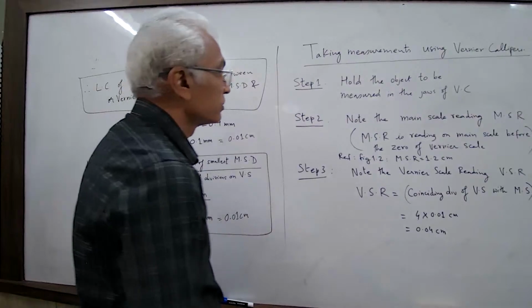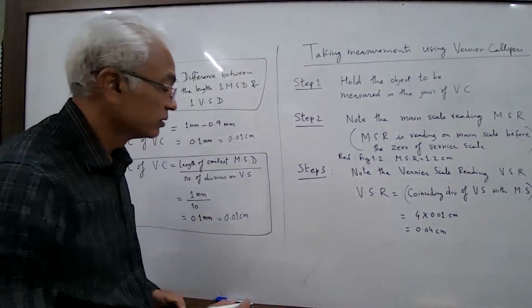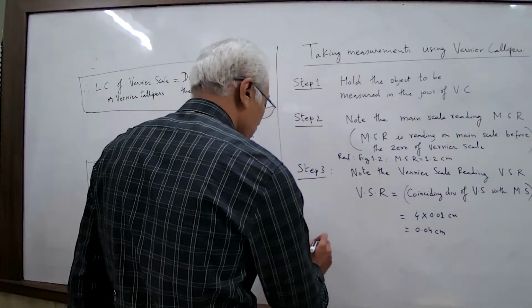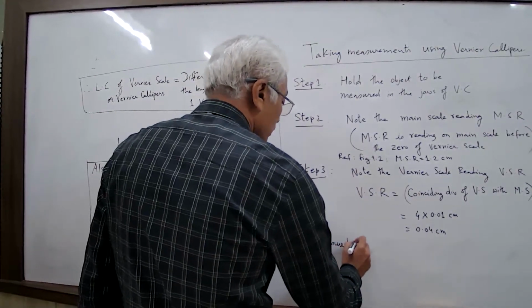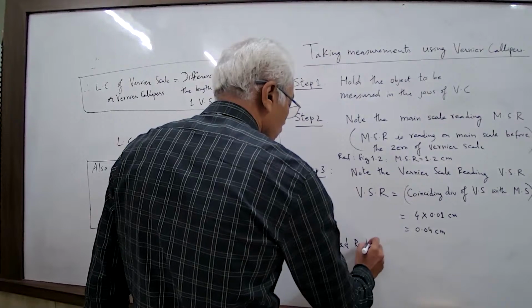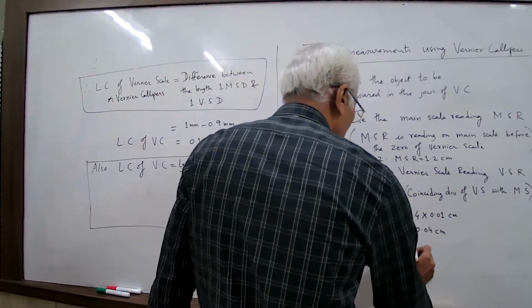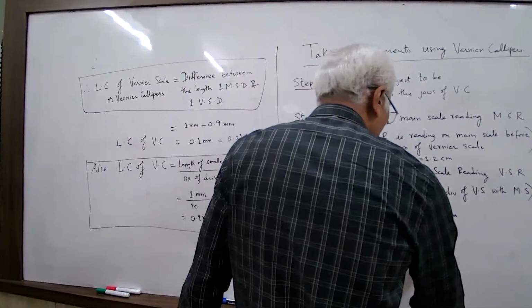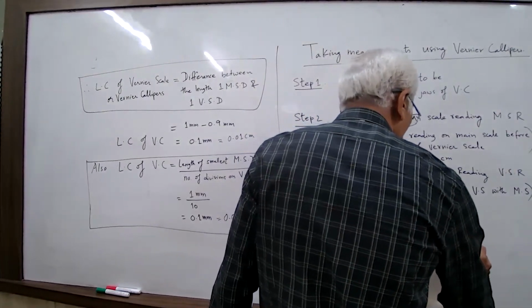So therefore, the measured reading of vernier calipers is equal to main scale reading plus vernier scale reading.